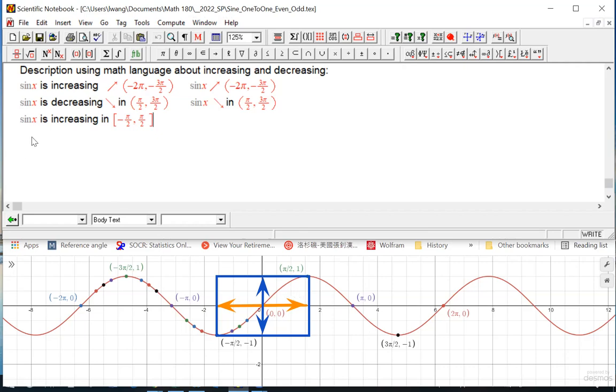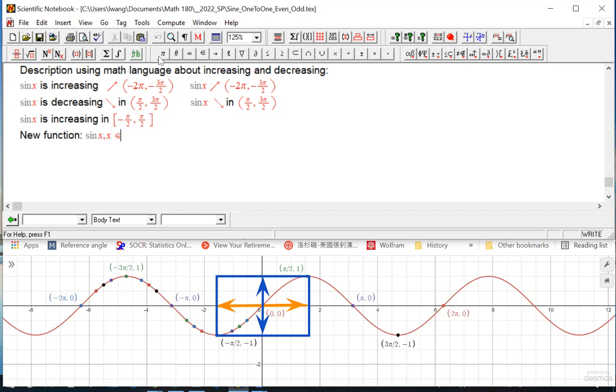So how do we describe this function? This is going to be a new function. We're going to come back to this new function: sine function where x belongs to this interval.